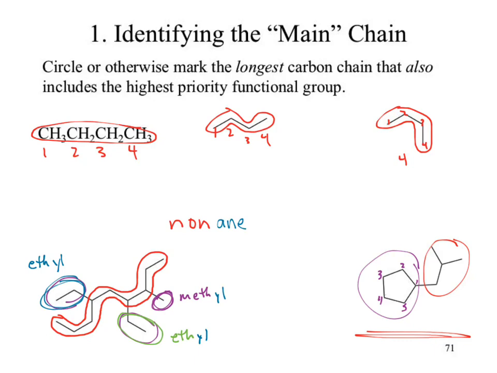Well, now I'd have to go through and number. I could number from left to right or right to left. The answer is going to be right to left. Because when we number right to left, at position 3, oh, this is a fun one. 4, 5, 6, 7, 8, 9.